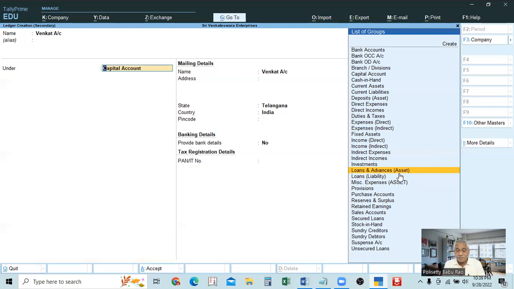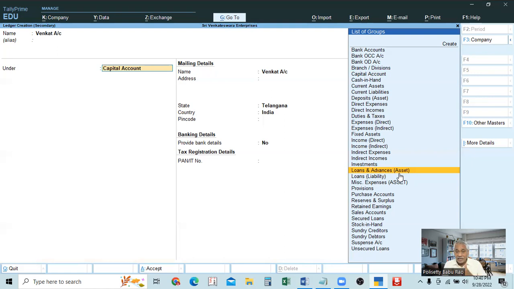I told you in the groups, loans and advances is a secondary group on the asset side. Under the primary head, current assets, this loans and advances is the secondary group. Go back and check the video.